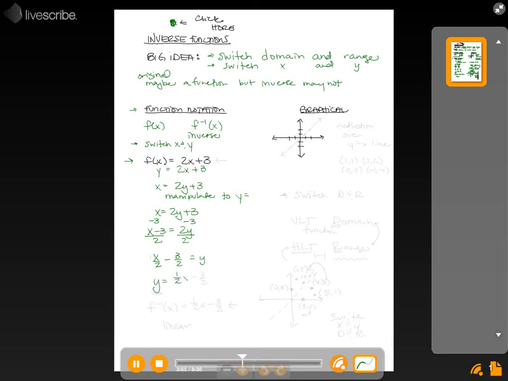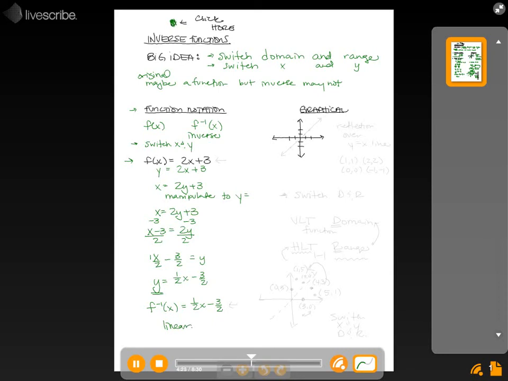I'm going to make it 1/2 x, because there's really a 1 in front of that x. So we could pull the 1 and the 2 out and make it 1/2 minus 3 over 2. And then we're going to switch the y out and make it the inverse function: f to the negative 1 of x equals 1/2 x minus 3 over 2. And that would be how we would find the inverse function using function notation. If you notice, this would be linear.